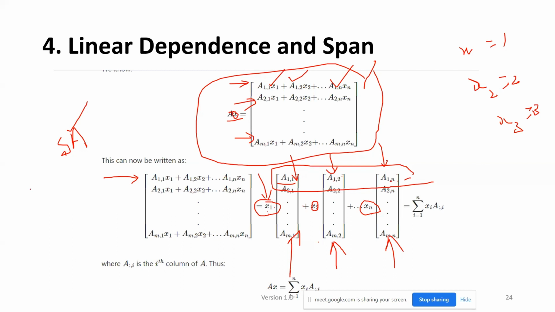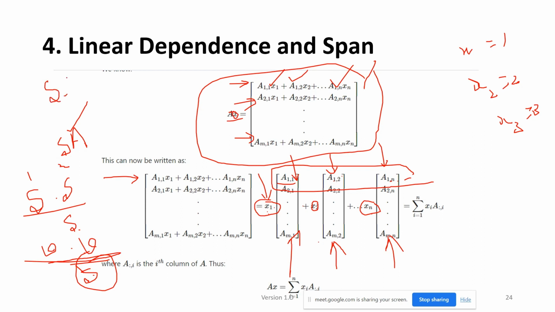When we multiply a scalar with a scalar, the output is a scalar, because 1 into 2 is 2. When we multiply a vector with a vector, it generates a scalar. When we multiply a scalar with a vector, it generates a vector, and a scalar with a matrix creates a matrix.